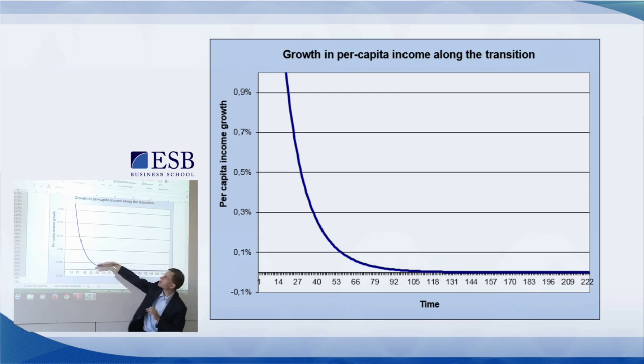So we start with high growth, capital stock is growing, output is growing, consumption is growing, and then we are converging to this steady state level of capital and output, and growth is converging to almost zero, which is this horizontal line. And the closer we are to the steady state, we have no output growth in per capita units.